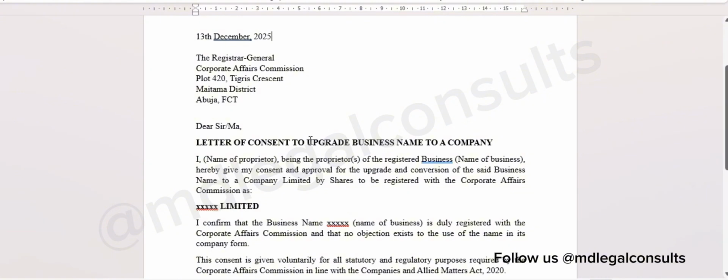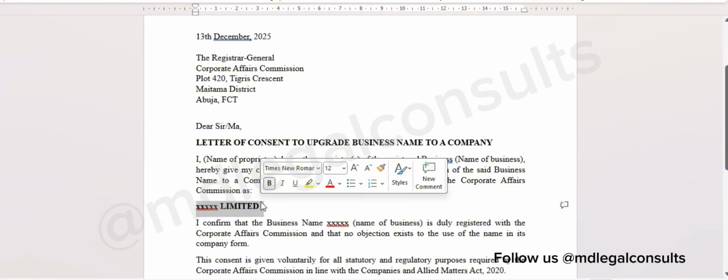So: I, your name, being the proprietor of the registered business, hereby give my consent and approval for the upgrade and conversion of the said business name to a company limited by shares to be registered with the Corporate Affairs Commission as... This is where you're going to include the name of the company. So you can now include ABC Services Limited in this particular place as I've highlighted.